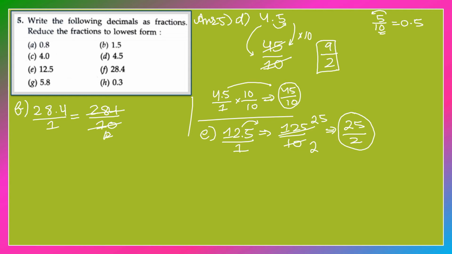That's why I cannot cut it by 5, I can cut it by 2. So I will get the denominator as 5 because I'm going to divide by 2. If I divide by 2, I get 142 upon 5, like this. And this is the final answer of this question. So these are the 3 parts. The rest of the parts you can solve yourself.